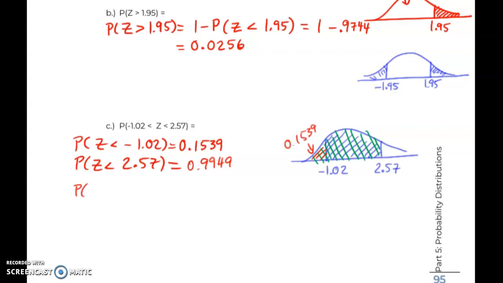So the probability that our z-score is between negative 1.02 and 2.57 is equal to 0.9949 minus 0.1539, which is a difference of 0.841.